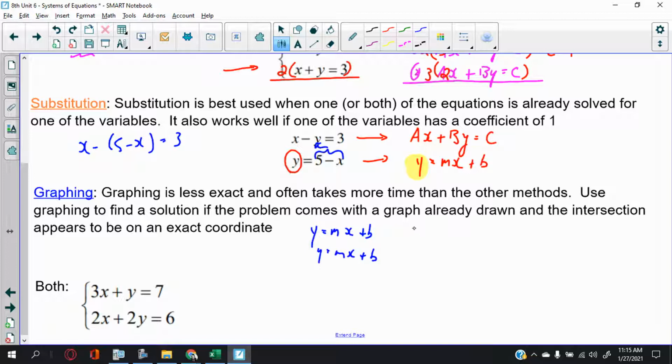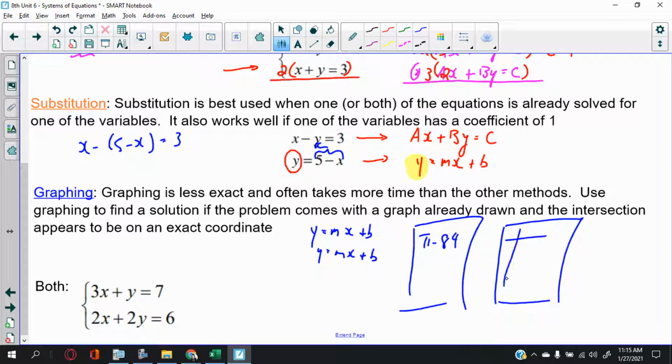So you put it into the calculator, you have to read the table of values, and find the solution. So use this as a last measure. Don't go to graphing too often, for no other reason than that the equations have to be in slope-intercept form.